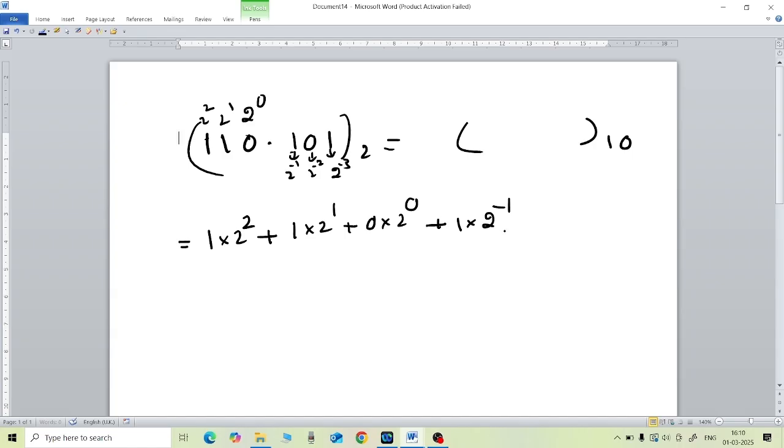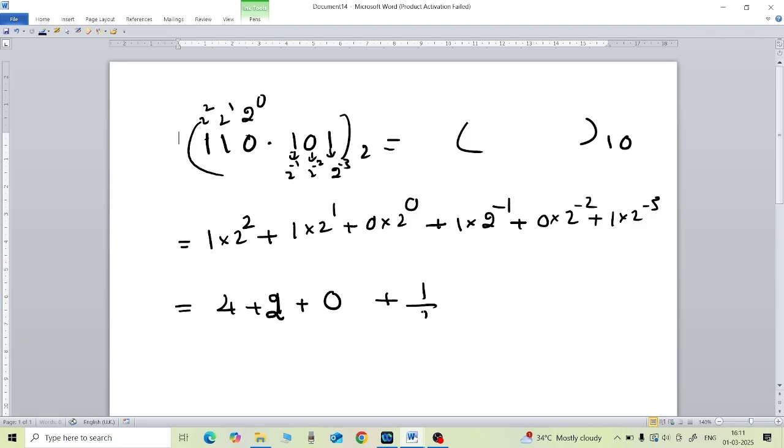So 1 into 2 raised to minus 1, plus 0 into 2 raised to minus 2, plus 1 into 2 raised to minus 3. So 1 into 2 raised to 2 is 4, this is 2, and this is 0. And what about the fractional part? This is 1 by 2, and since it is 0 here, this 0 is skipped, then this is 1 by 8.